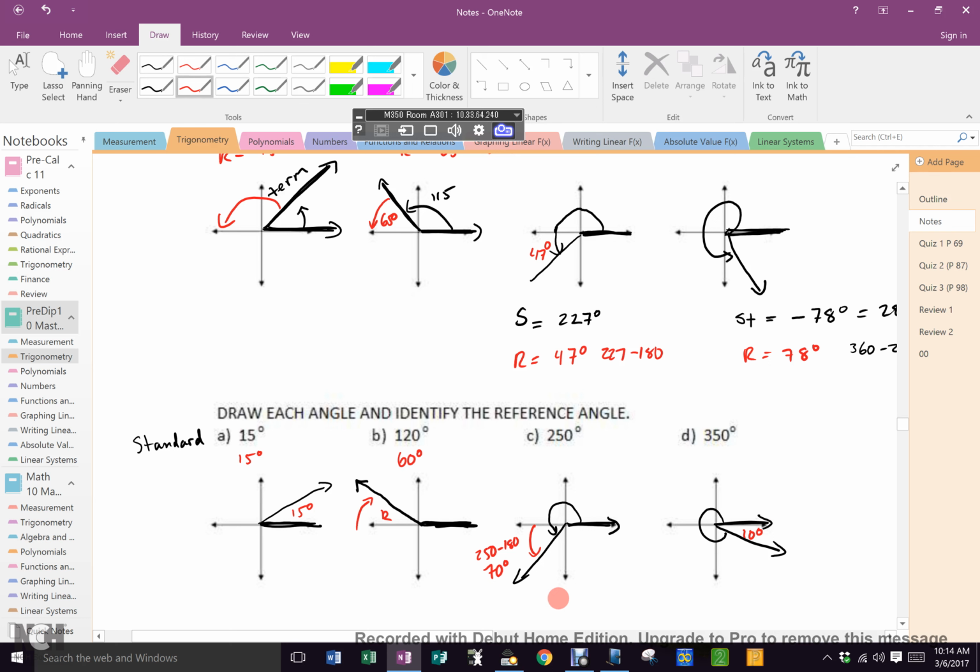For A, if it was 15, why was the reference angle 15, and then for 350, it's still pretty close, wouldn't it still be 350? No, because it's the angle between the x-axis and the terminal arm. The closest x-axis. What's closer? This x-axis or all the way around to there? Which would you rather walk? The closest one, 15. So it's 15.